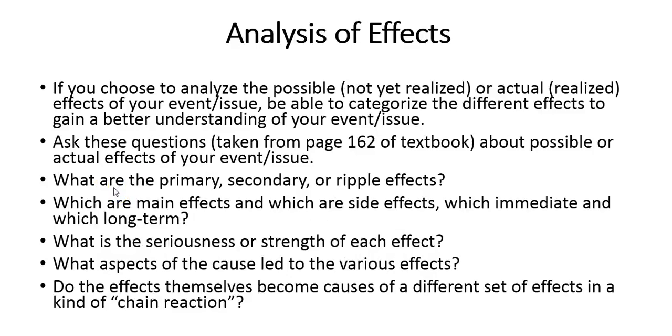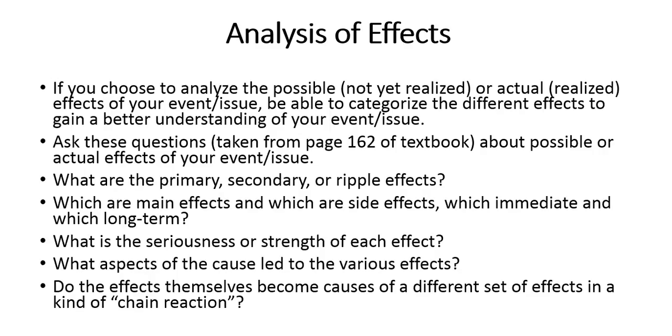Same thing with these questions for analysis of effects. As you would with your causes, if you're writing on the effects, be able to categorize and talk about each of your effects in these terms: primary, secondary, or ripple effects.